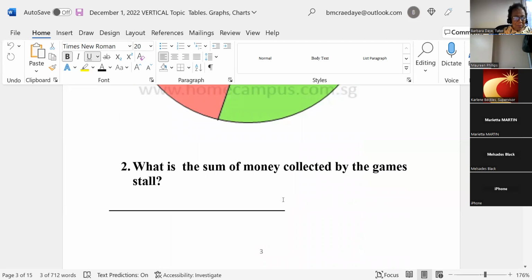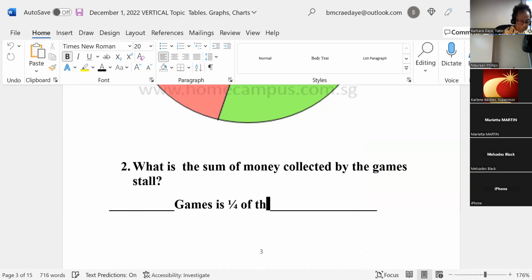I couldn't get it because the game does not look like a quarter to me, so I was puzzled. I'm trying to figure it out. I know that drinks is 15%. Oh my gosh, it's 1/4 of the pie chart.